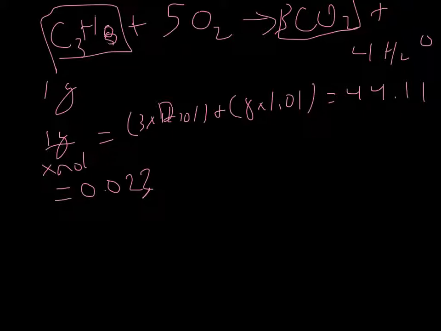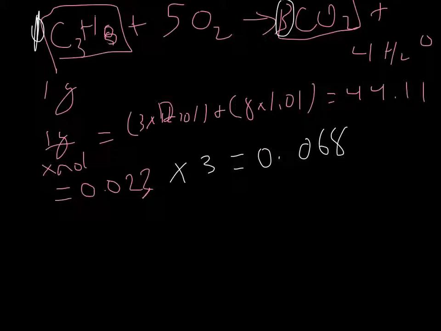Well, from the equation, we know there's 3 times as much CO2 as there is propane at the start of it, because there's the imaginary 1 there. So multiply this number by 3 to get 0.068 moles of CO2. Now we just need to turn that back into grams.